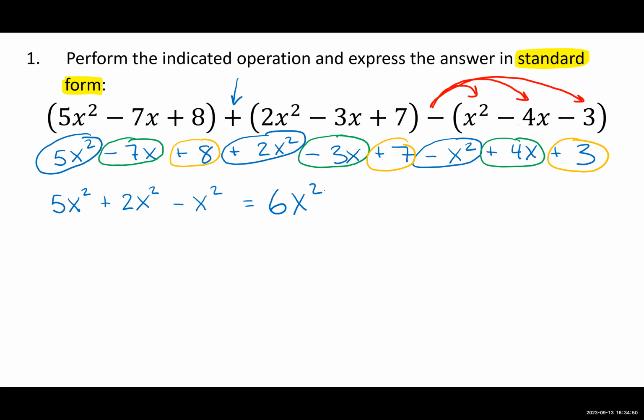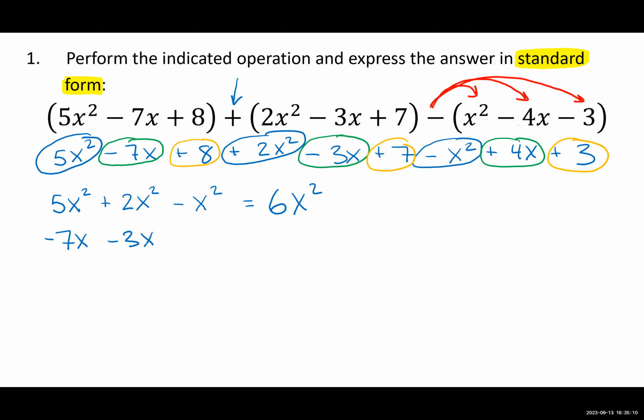Right? And then if we look at the green circles, I've got a minus 7x, a minus 3x, and a plus 4x. All right, so minus 7x and a minus 3x. And then on the last one, we have a plus 4x.